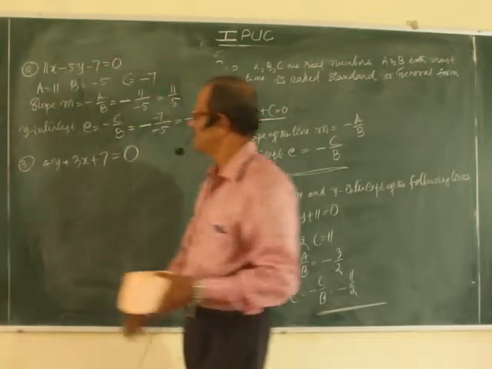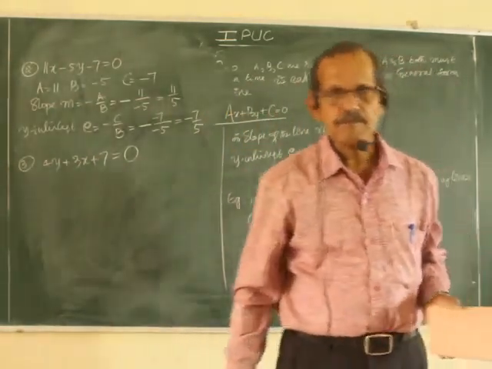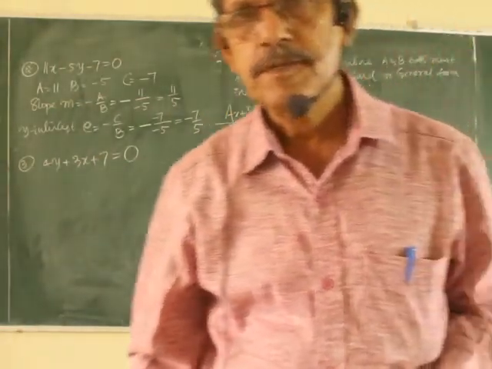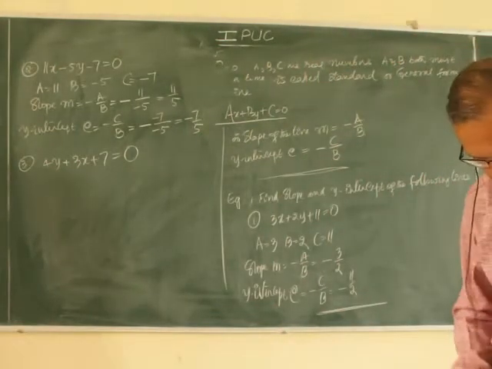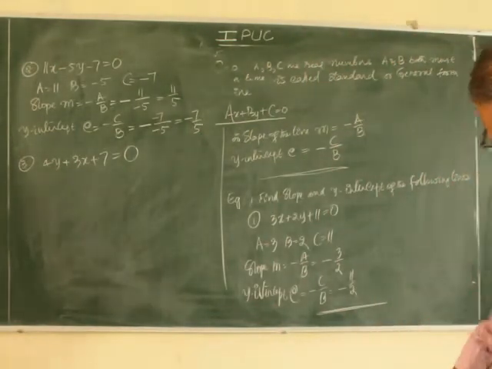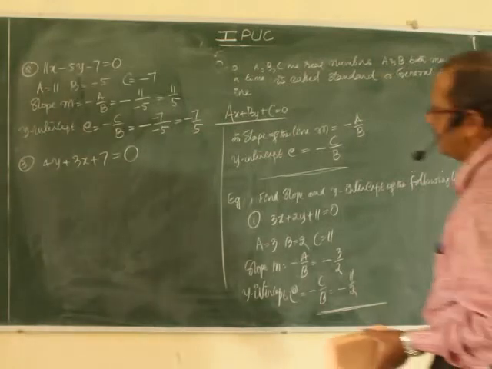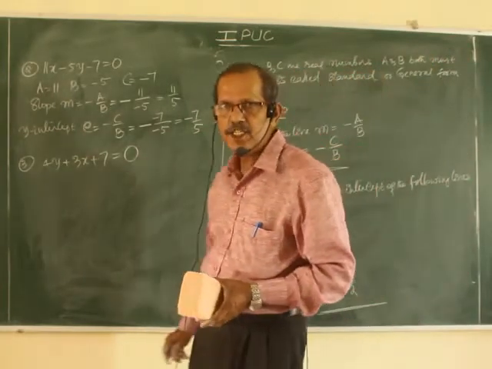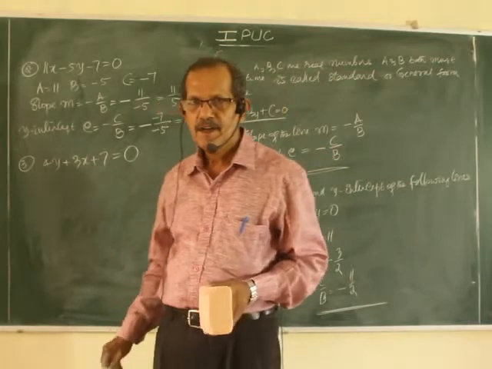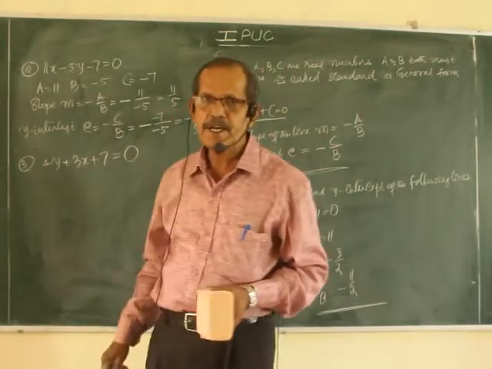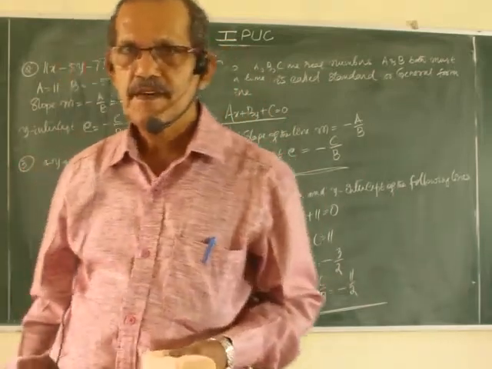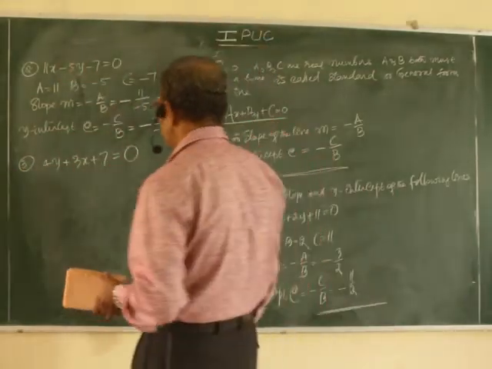And third one. Seven equal to 0. Slope is minus a by b. A is, don't write a equal to 4. That is how I have given it, in order to make you confuse. In the exam they make you like this.